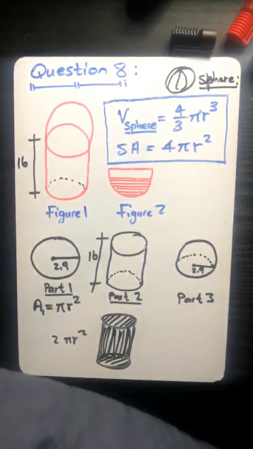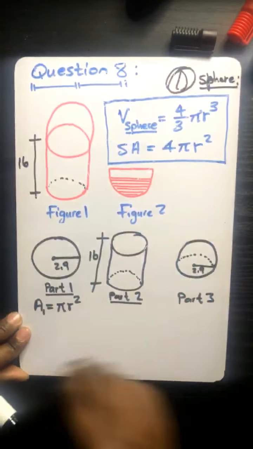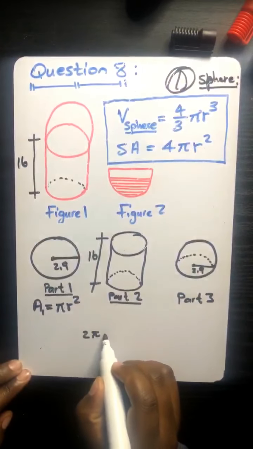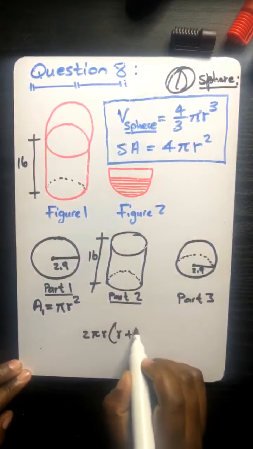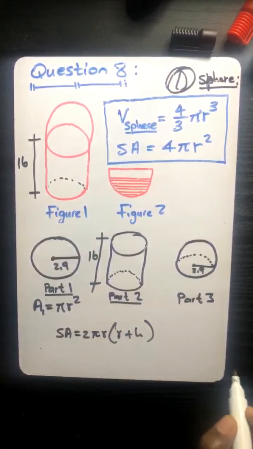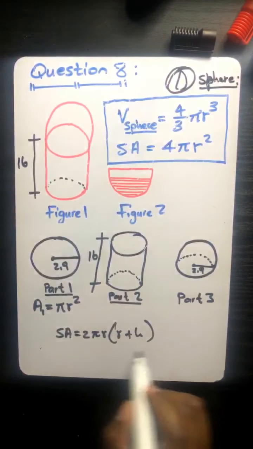Shreyas is saying 2 pi r plus h. He says this is the surface area of a cylinder. Is this what you're saying, Shreyas? Yes, sir. Okay. So, good people, Shreyas is correct.